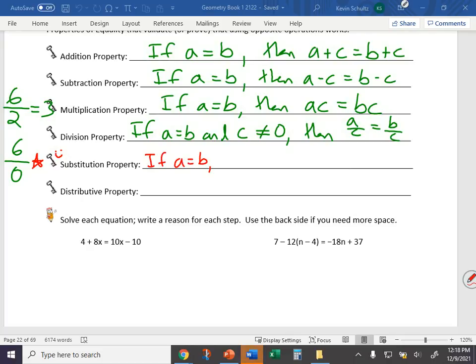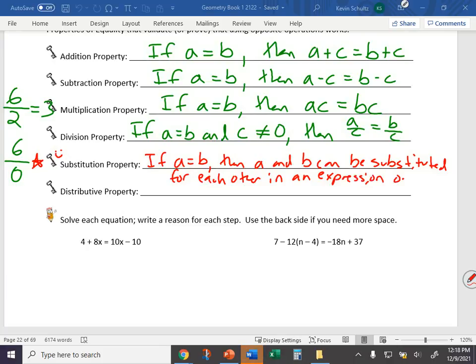If A equals B, then A and B can be substituted for each other in an expression or equation. Okay? If A equals B, then A and B can be substituted for each other in an expression or equation.